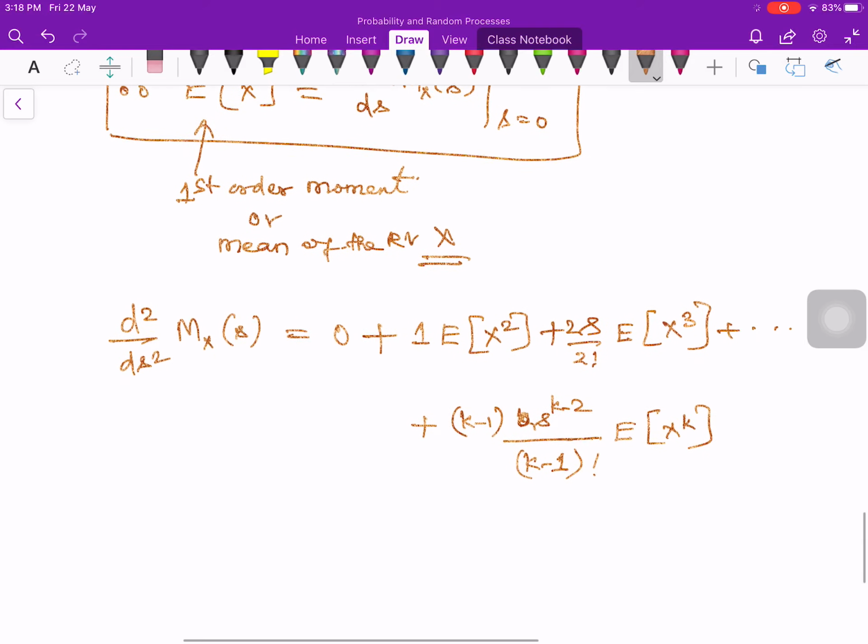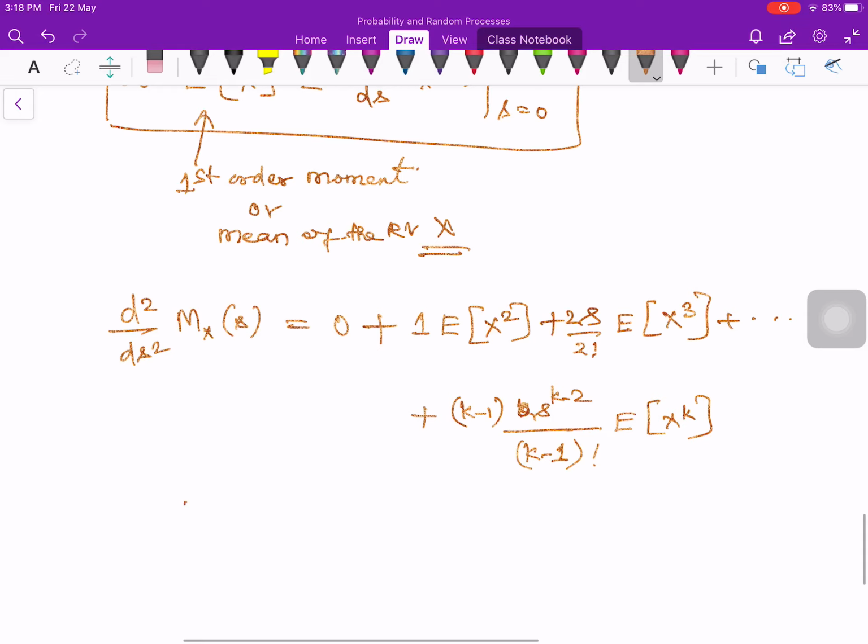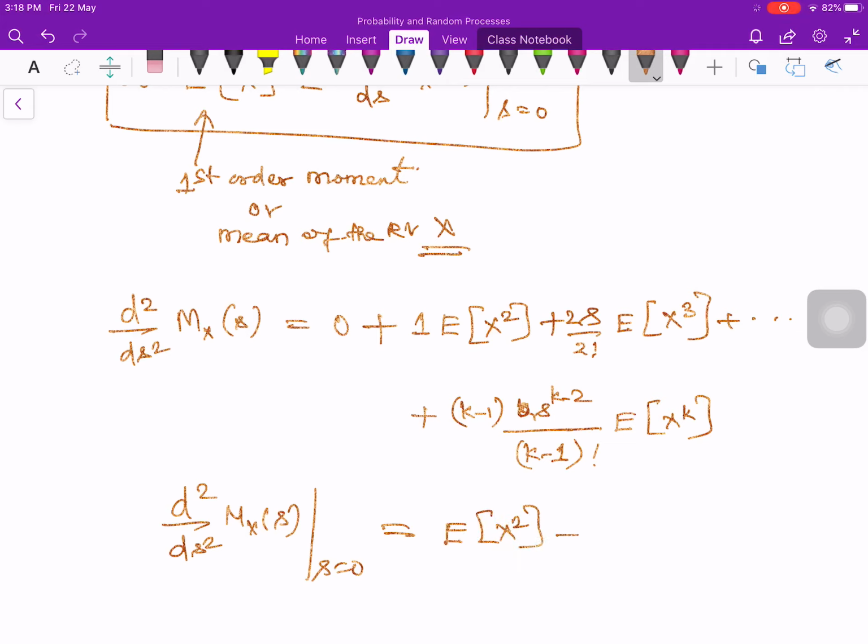Now again substitute s equal to 0 in this expression. So d squared over ds squared of M_X of s at s equal to 0 is going to be E of X squared, plus the rest of the terms, which are all going to be 0. So this is your E of X squared.